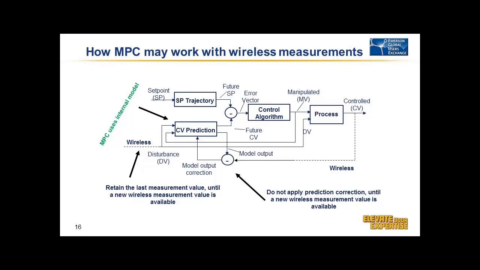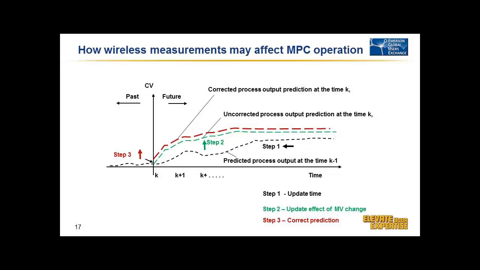Let's go see how we implemented that design. Maybe before that, let's look at a diagram which explains what is happening internally in that predictor. First is the process prediction shown here. Let's assume this kind of a little bit complex prediction. And normally what happens in an MPC controller, there are 3 steps of model update. First is time update, so we just shift time 1 scan to the left and we get the updated time.